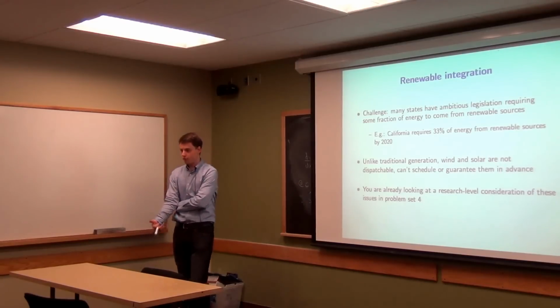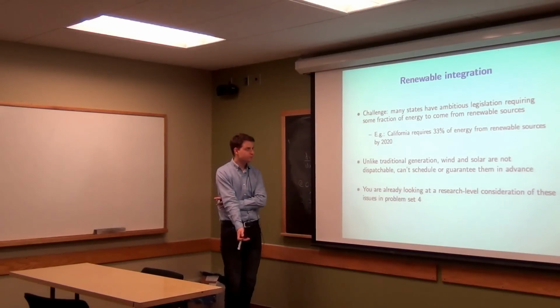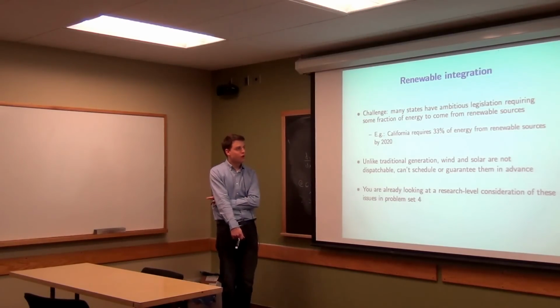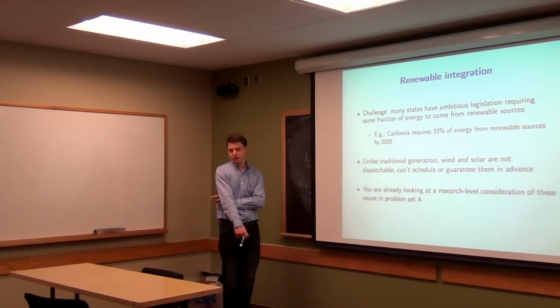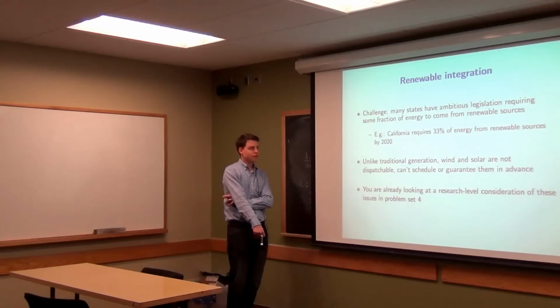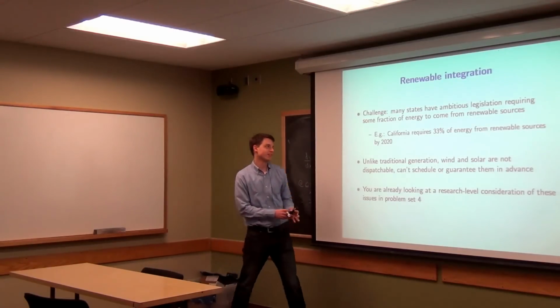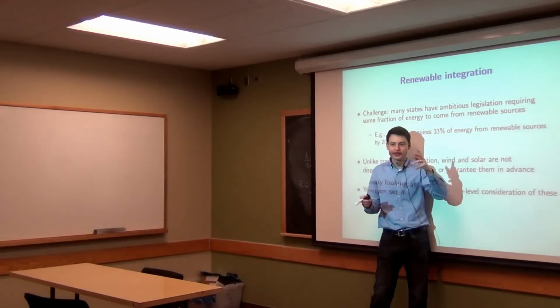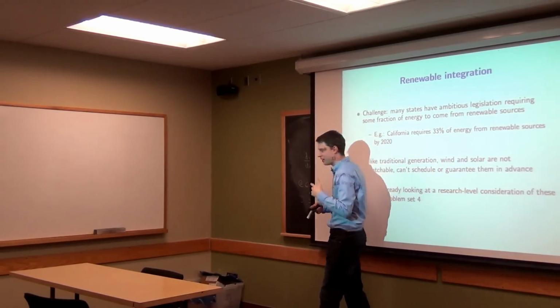And I think one of the prime examples here is California, which by 2020, so that's not that far ahead, right? We got about 7 years to do this. They want 33% of their electricity, a third of it, to come from renewable sources. I should say electricity here, not energy, because we're still driving and heating homes with gas.